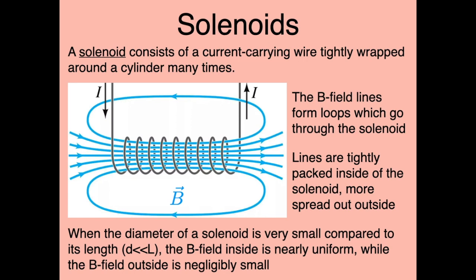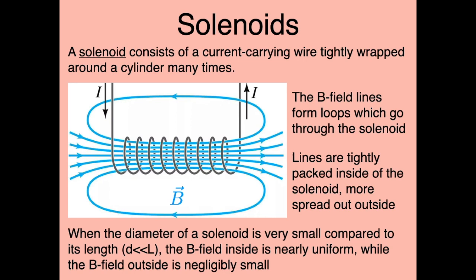So essentially, what we'll have is inside the solenoid, a really strong magnetic field that's basically uniform. It's all pointing in the same direction with the same strength everywhere inside. And everywhere outside, the magnetic field is so small that we can essentially ignore it. In the limit where the solenoid becomes infinitely long, the magnetic field outside actually goes to zero.